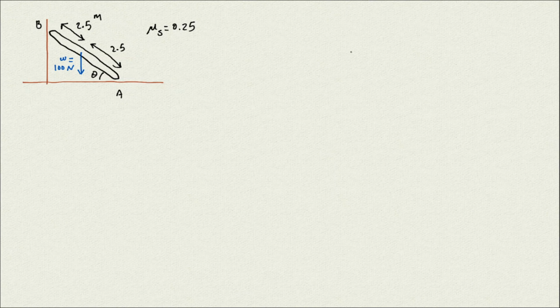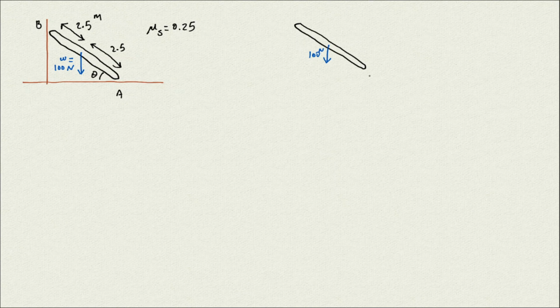So we'll draw the free body diagram for that rod, and put all the reactions and external forces on it. The only external force is the weight at the center, 100 Newton. Then we have the reactions of the support.